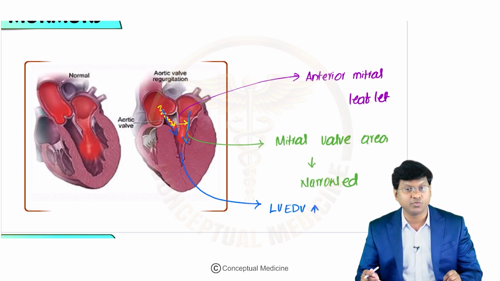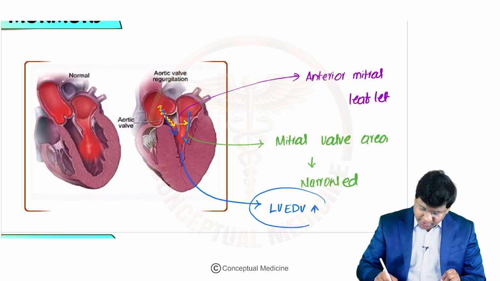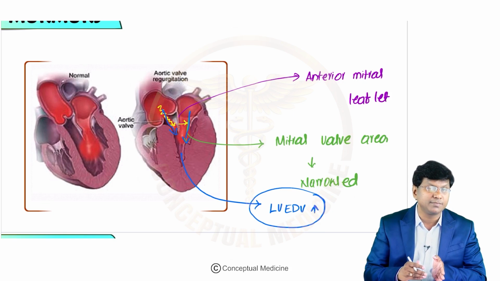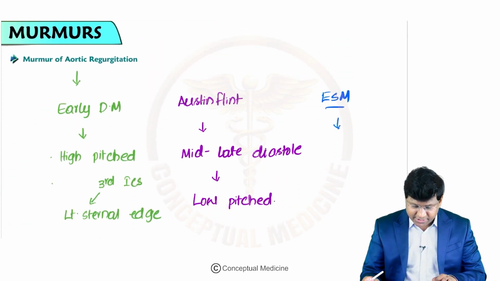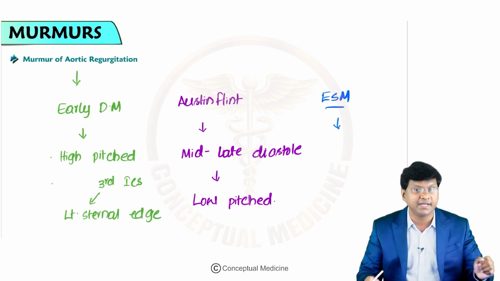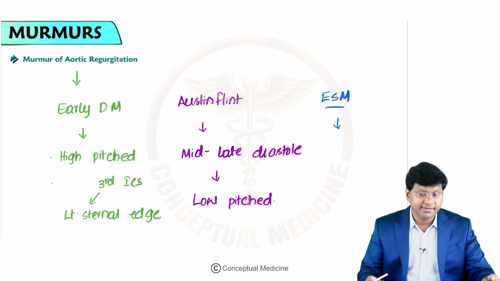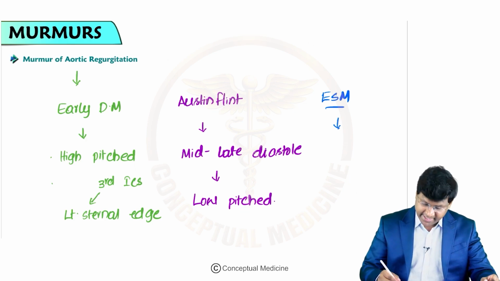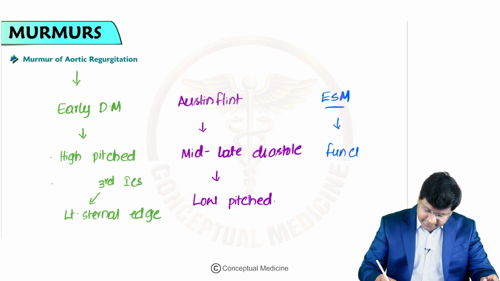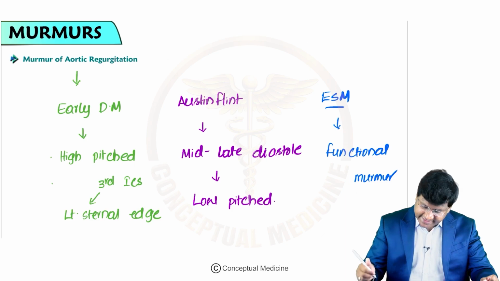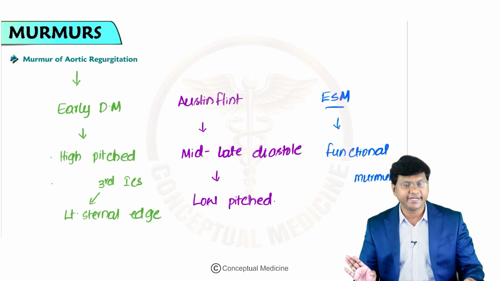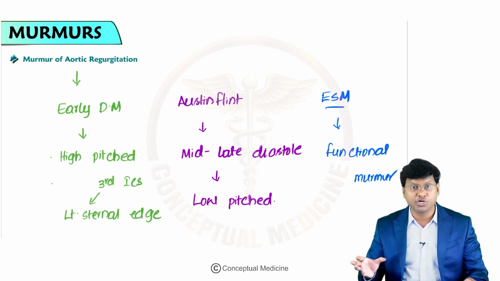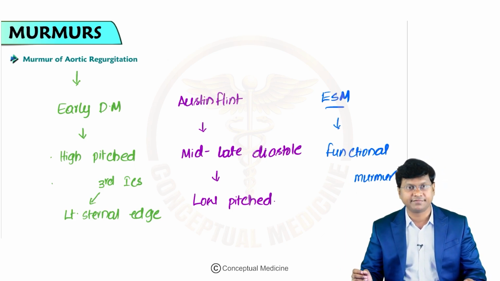So a large quantity of blood has to pass through the normal aortic valve area. So when the large quantity of blood is passing through the normal aortic valve area, there will be a turbulence created across the valve in the mid part of the systole, resulting in a mid-systolic murmur, right? And it is a functional systolic murmur. It's not a true murmur. It is because a large volume of blood is passing through the aortic valve, right?